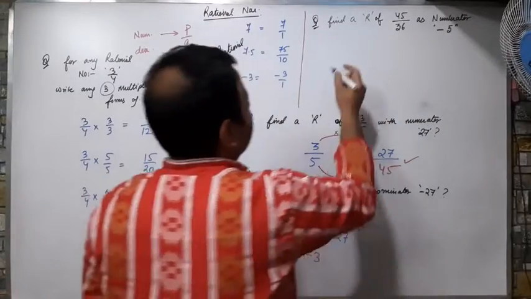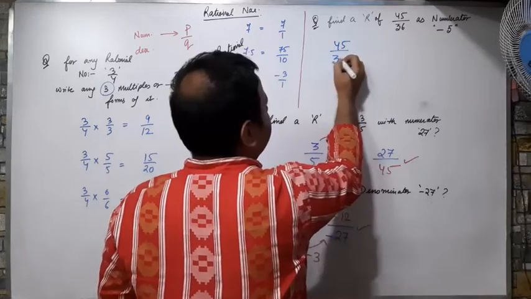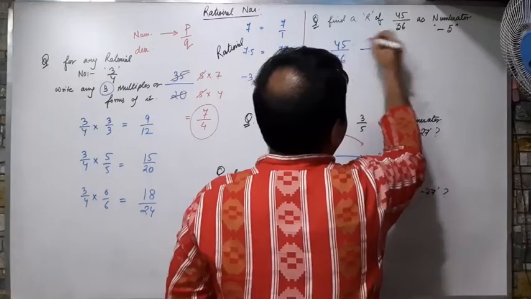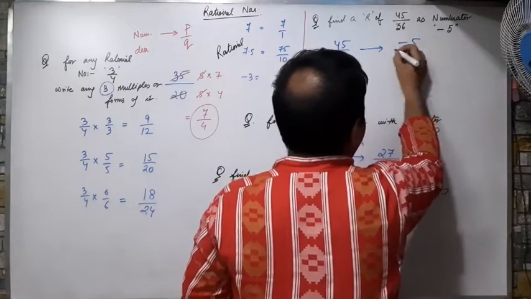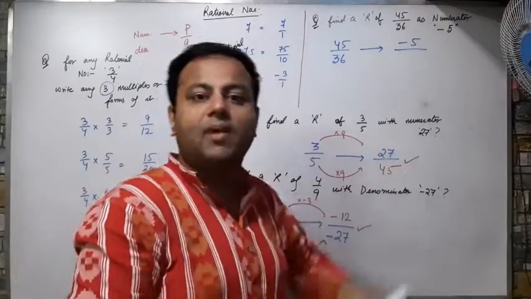So what am I getting? I am getting the rational number as 45 by 36. I have to change this into a numerator of minus 5. So how can I change 45 to minus 5?